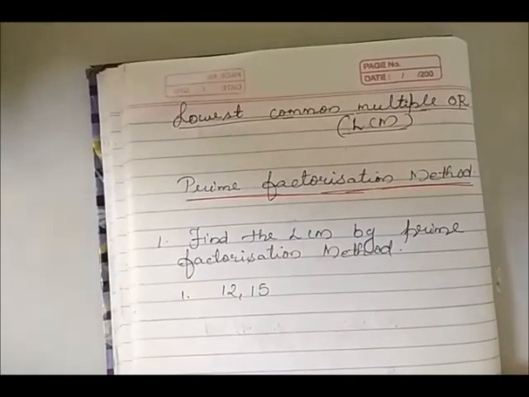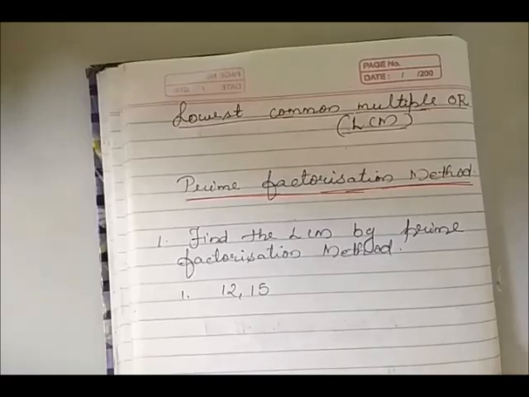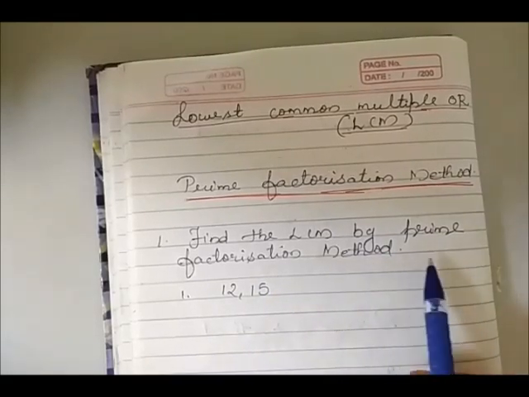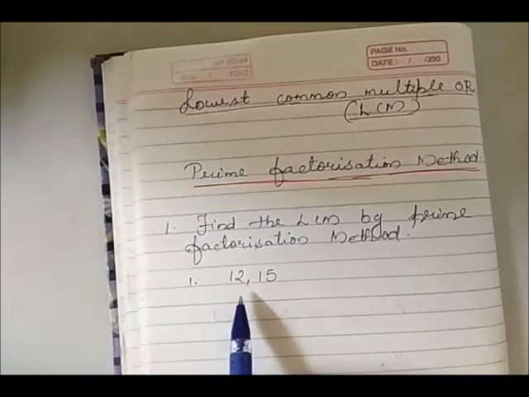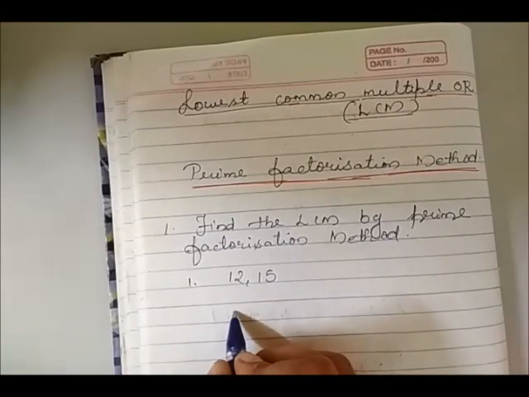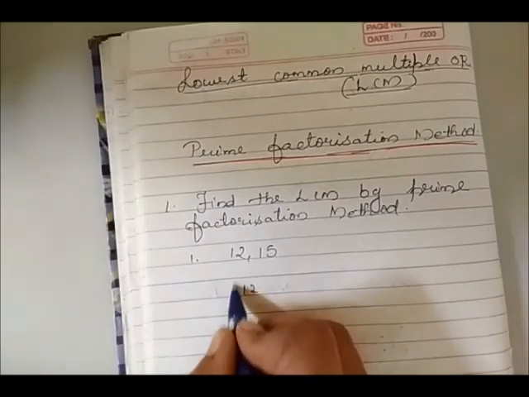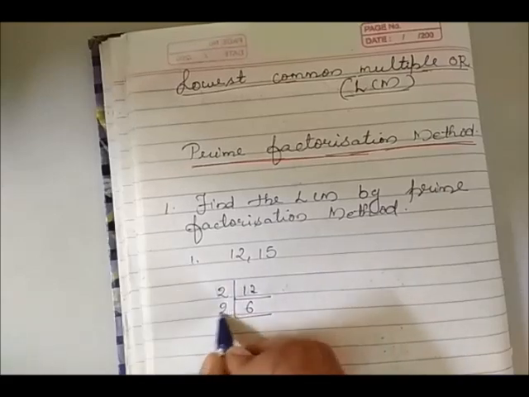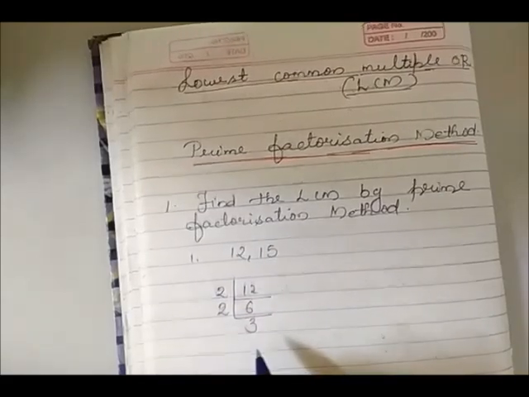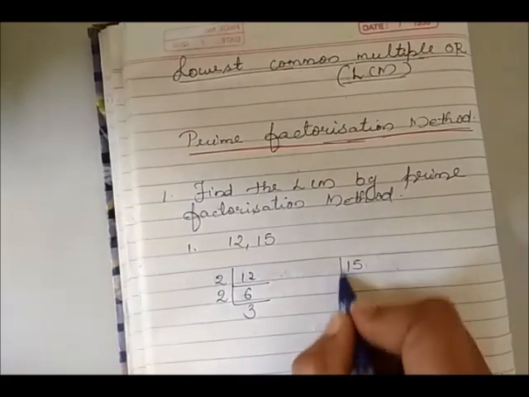So this is our first question, that is find LCM by prime factorization method. Our question number 1 is 12 and 15. So first you take the prime factors of 12: 2, 6, again 2, then 3. Okay, then like this 15 also.